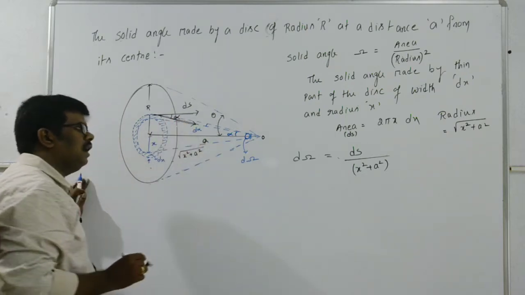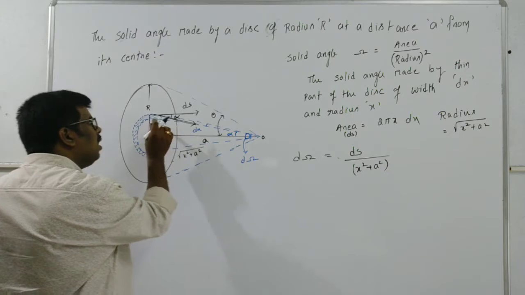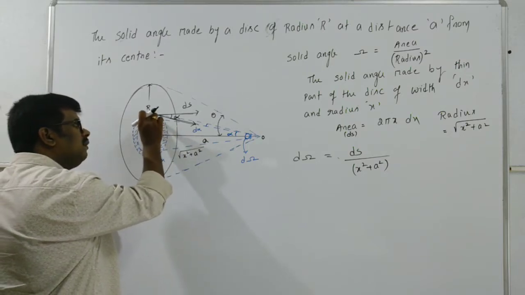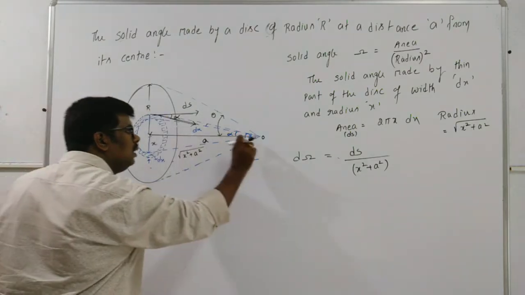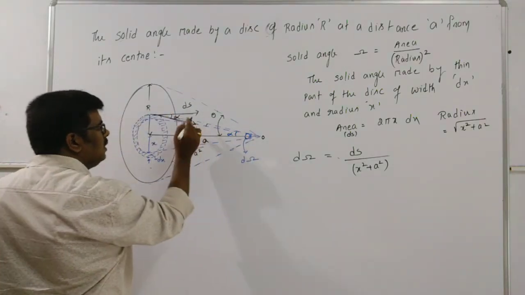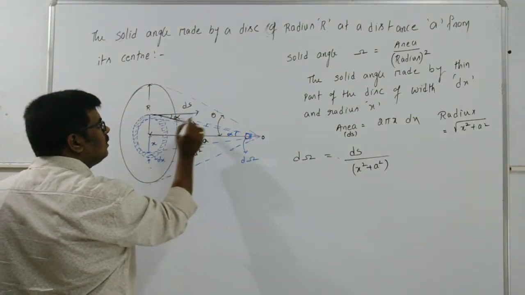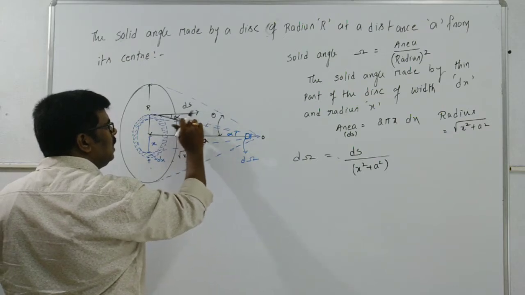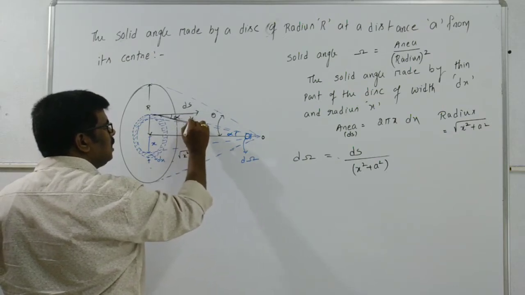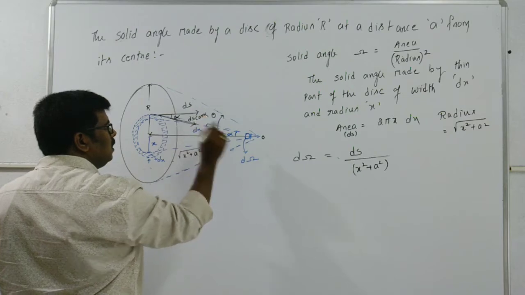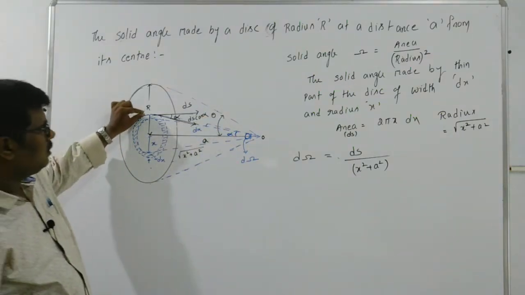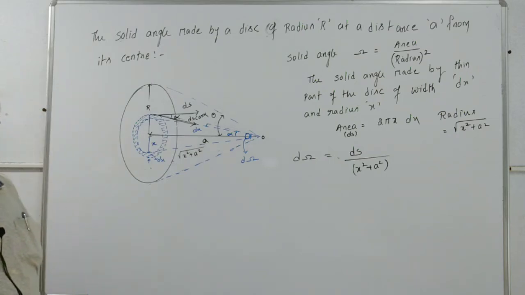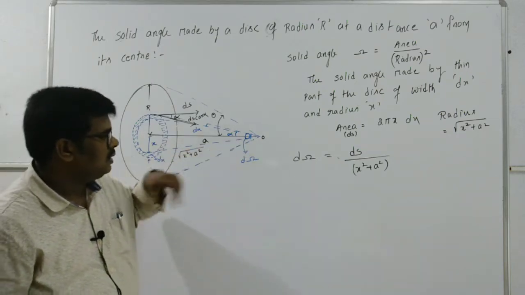So alternate angles alpha. So what is the area of this one? This area vector is not along this direction. You should take the area vector towards this center, that is ds cos alpha. Here the area vector is normal to it, but we want the area vector towards the center.